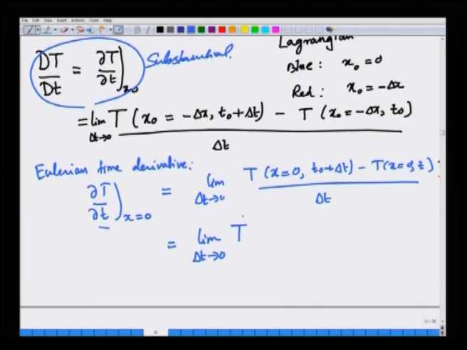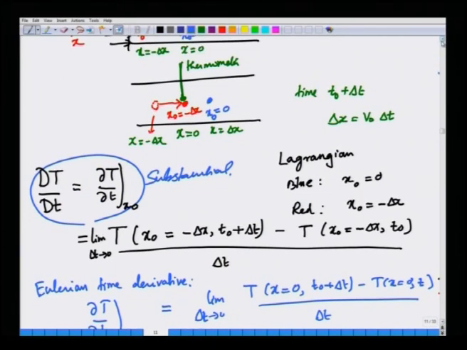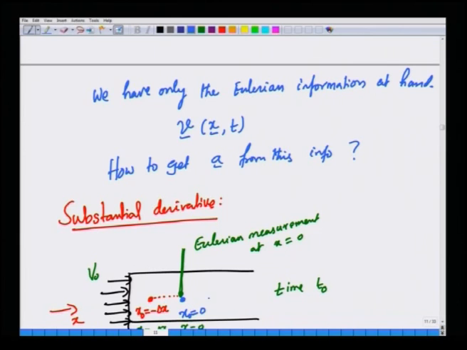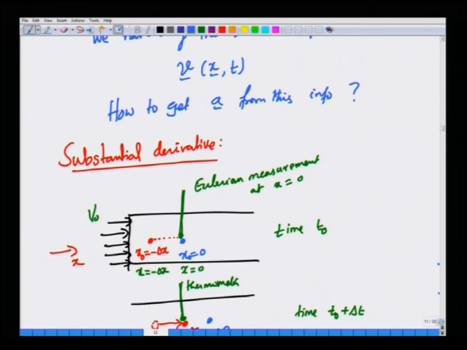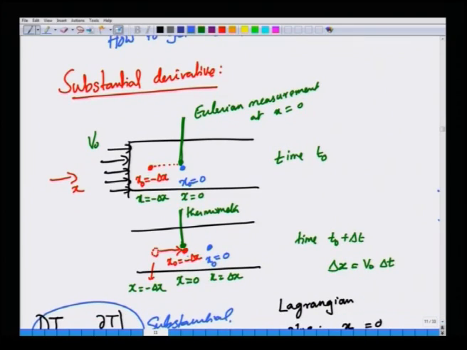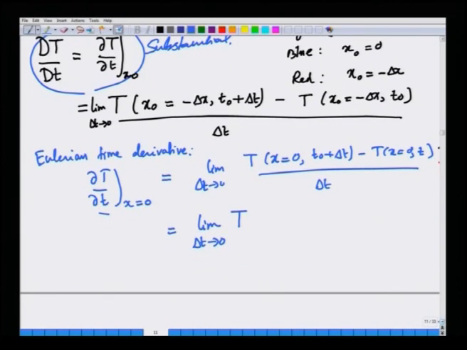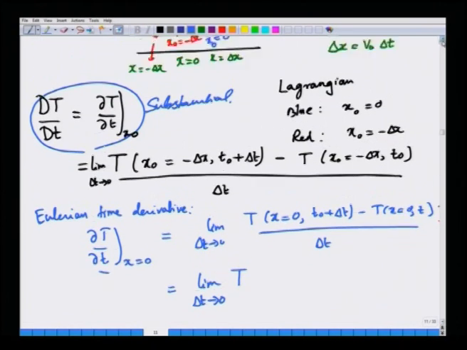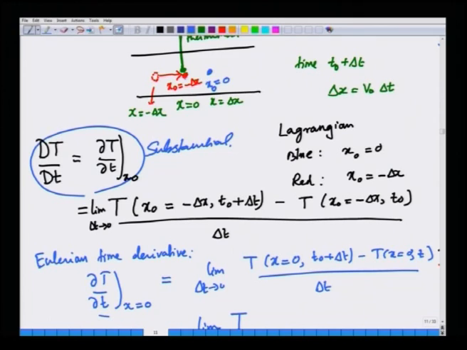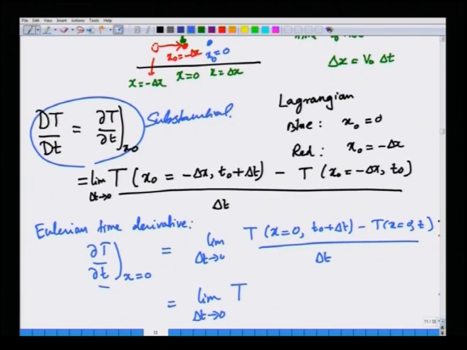Let us just go to the figure. So, in this figure, at x equal to 0 at time t naught plus delta t, it is the red particle that is present. So, I am going to change the label to the Lagrangian label, limit x naught equal to minus delta x, t naught plus delta t.